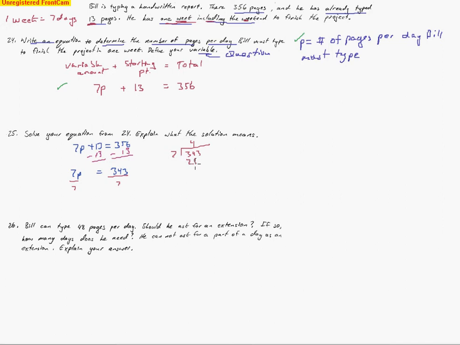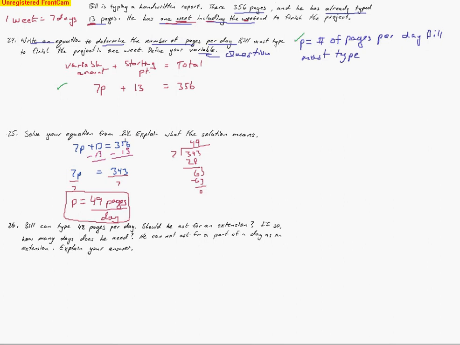That makes 28. Do the subtraction, we got 6 left over. Into 63, 9 times evenly. So it looks like 49 pages per day. So we've solved for it: P equals 49 pages per day. I'm going to box that answer.